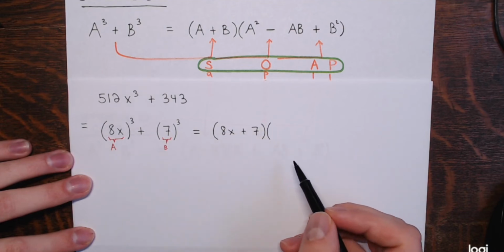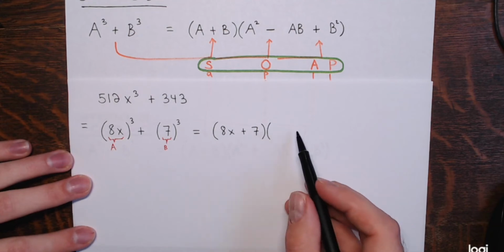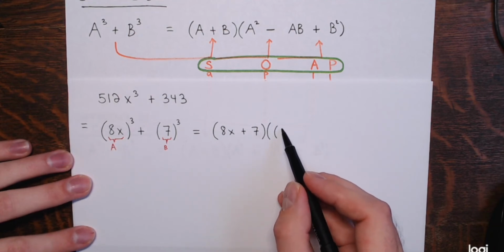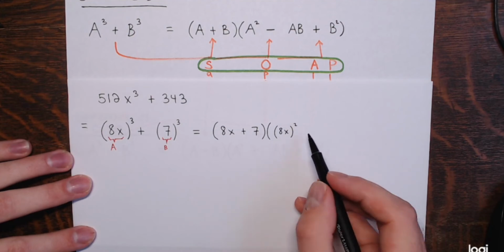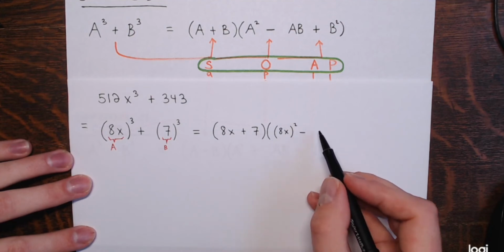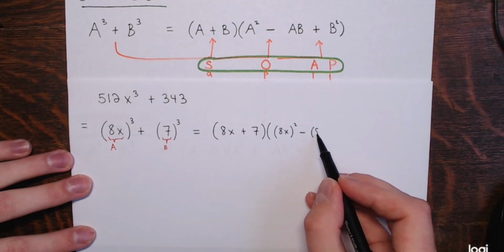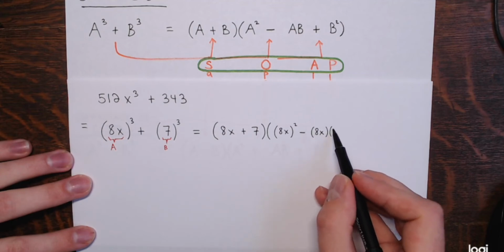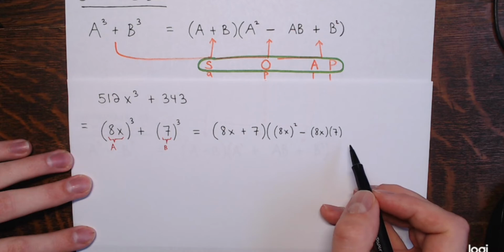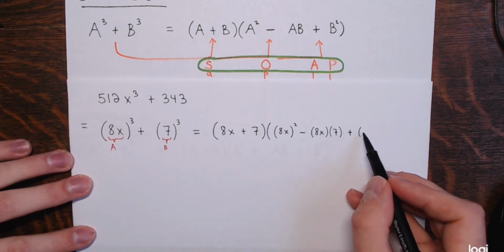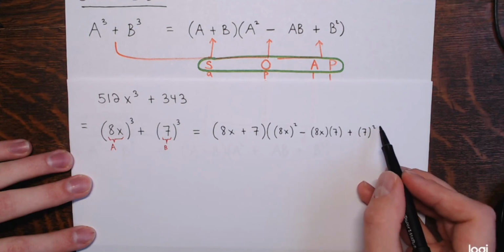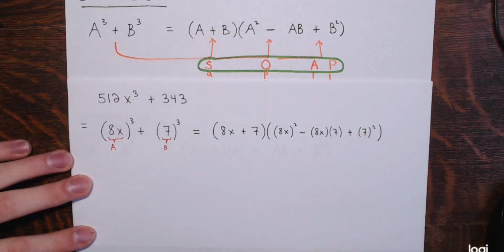Then the second factor: a squared, so 8x to the second power, then the opposite sign, minus, then ab, so 8x times 7, and then always plus, and then b squared, 7 squared. Now we'll simplify.